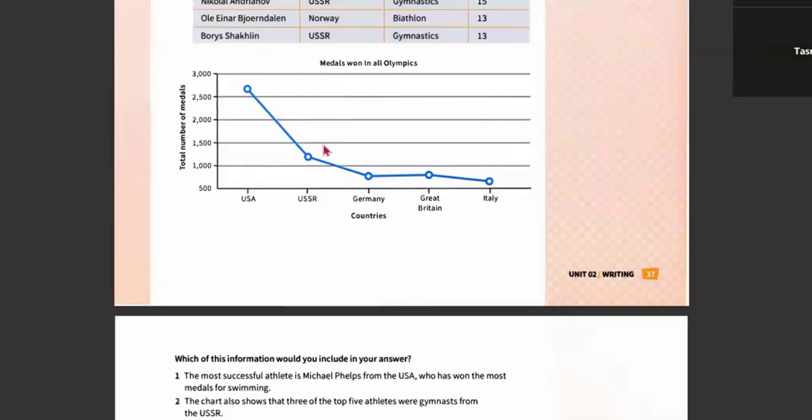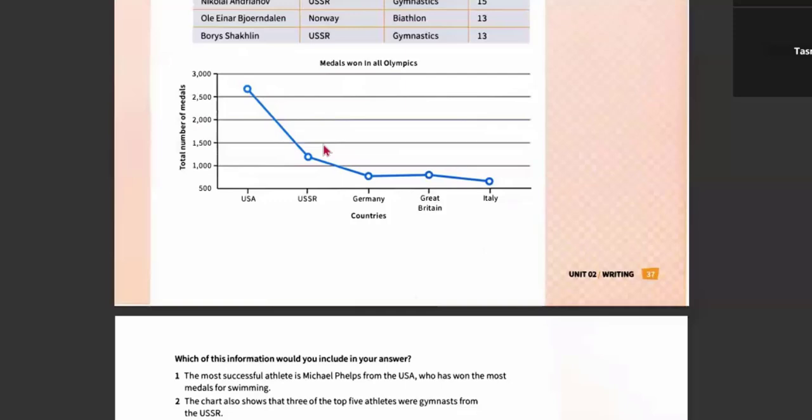And then the line graph also shows that USA, USSR, and Great Britain are the three topmost countries which have the highest number of medals. Okay. And in summary, the line graph shows that USA has the highest number of medals and Italy has the lowest number of medals.